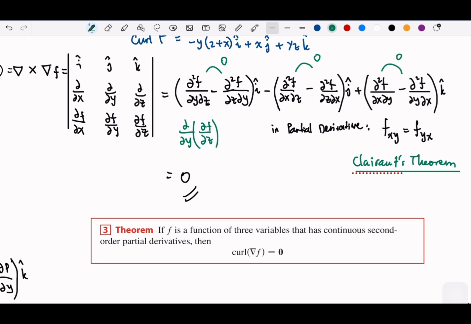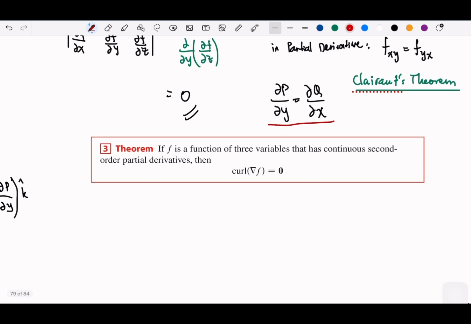Instead of taking out the partials and equating them with the other partials, as you usually do with this method to find whether it is conservative or not, if the partials are equal, it's conservative. But now we can use this method to check whether it is conservative or not.